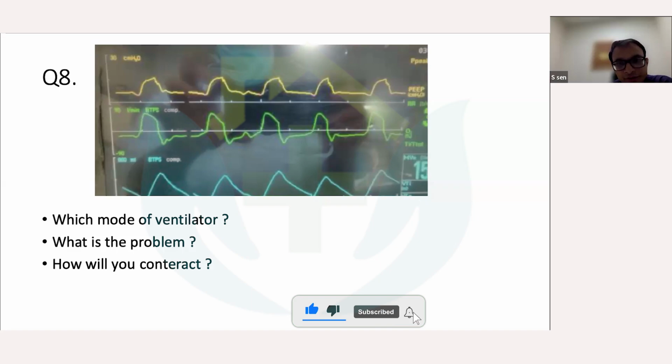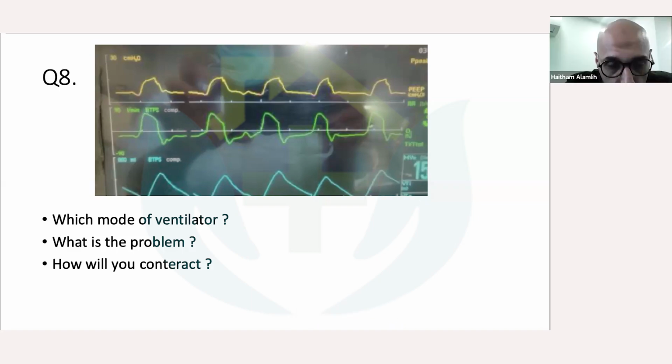Okay, it's a pressure mode. Is it pressure control or pressure support? Yeah, it's pressure support as the patient is triggering the ventilator.